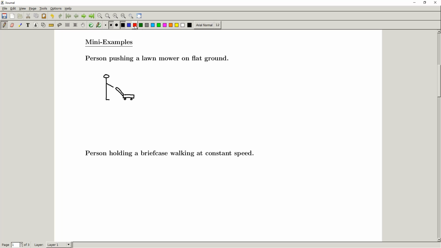Maybe I'll draw this in a different color. So they're applying some force, kind of at an angle downward here, on the lawnmower. This is some force. And then the lawnmower is being displaced. The displacement of the lawnmower is in this direction, right? So the lawnmower is moving along in that direction.